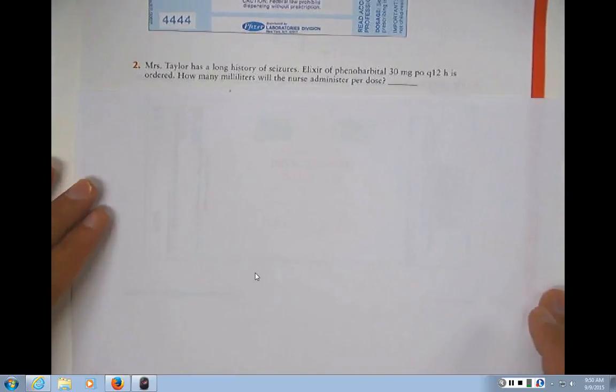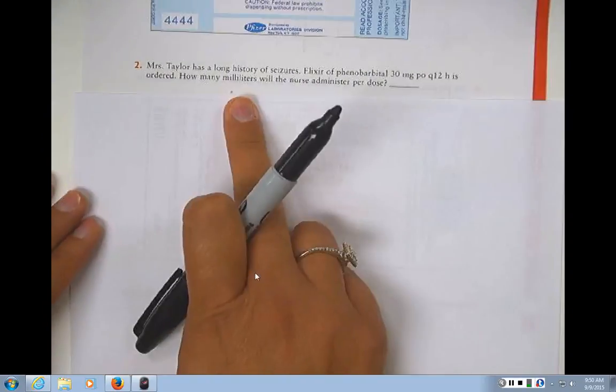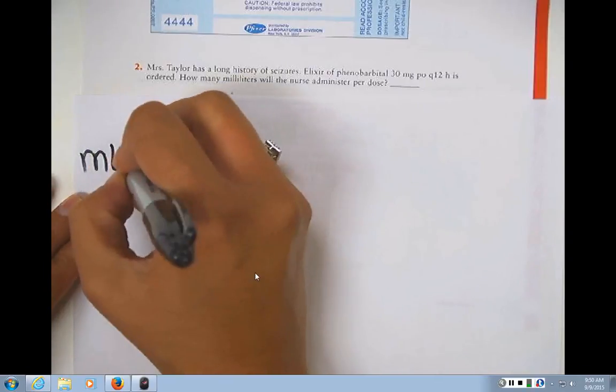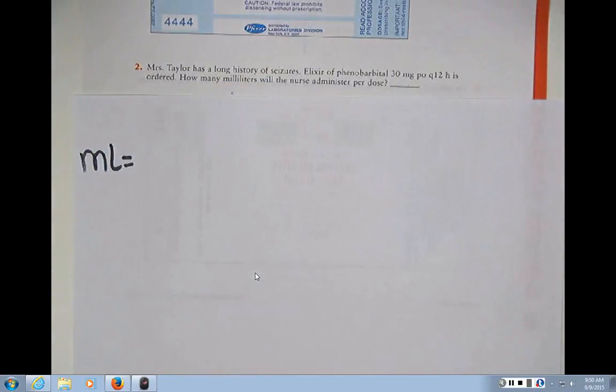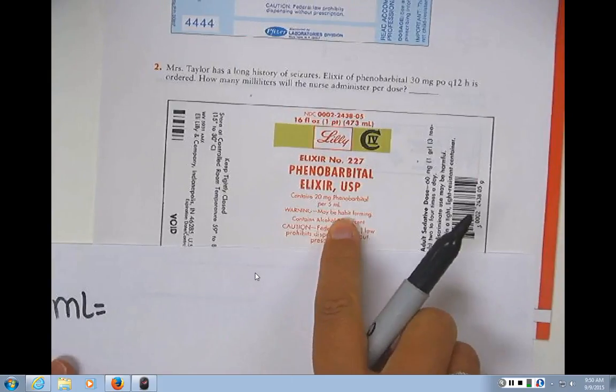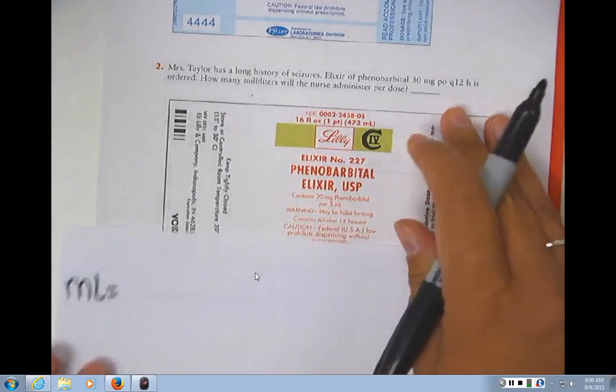So how I will set it up, again, I'm solving for milliliters. So to keep me on track, I'm going to write over here mLs. And I'm going to put my dose on hand. I know that my dose on hand is 5 mLs has 20 milligrams.